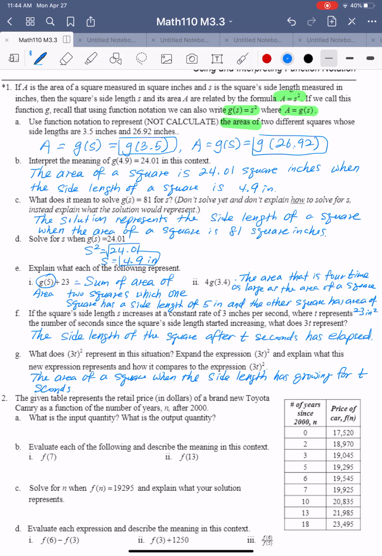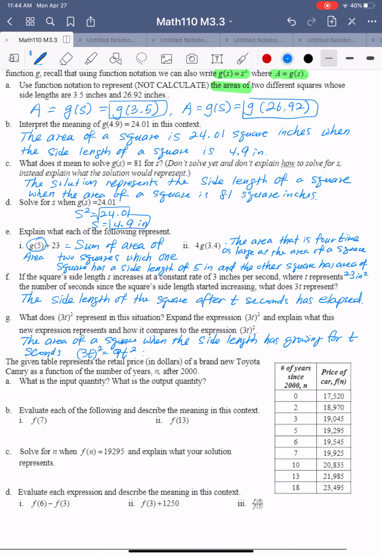So it's the area of the square with the side length growing for t seconds. And also 3t squared, same as 9t squared, is the area of the square when the side length has been growing for t seconds. So this is all about the area.